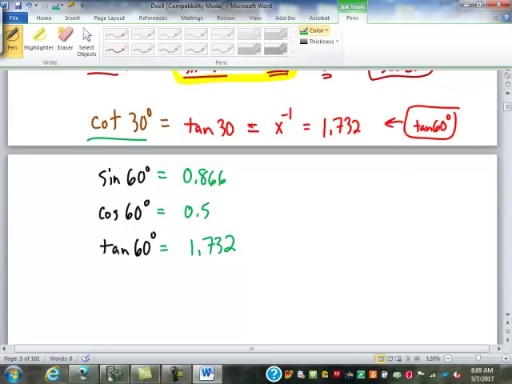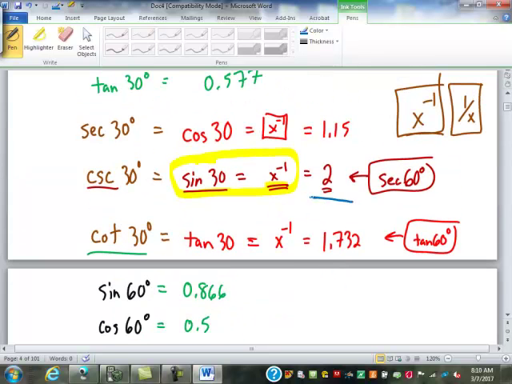So now the next step, secant of 60. What are our keystrokes? What trig function is secant related to? Cosine. So it's the cosine of 60, hit equals, then x negative 1, hit equals again, and we get 2. Notice that's the cosecant of 30, the relationship there.